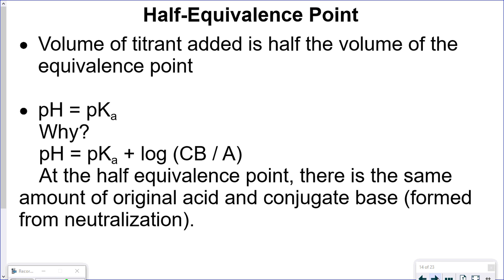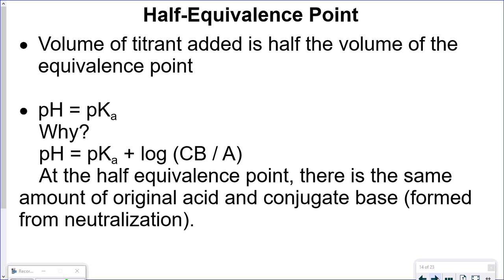So our half equivalence point is half the volume of titrant added at the equivalence point. So if the equivalence point is at 26 milliliters, the half equivalence point would be at 13 milliliters, so half of that volume.